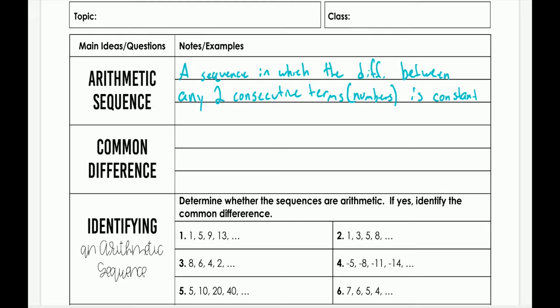Next, we need to define what the common difference is. It's exactly what it sounds like. It's the numerical difference, and in this case, we're going to be using a lowercase d to represent it, between any two consecutive terms.